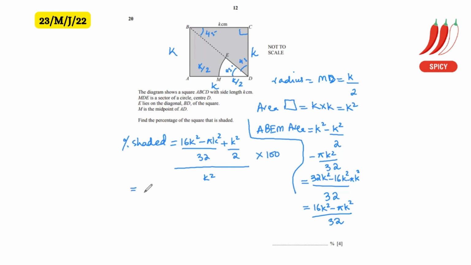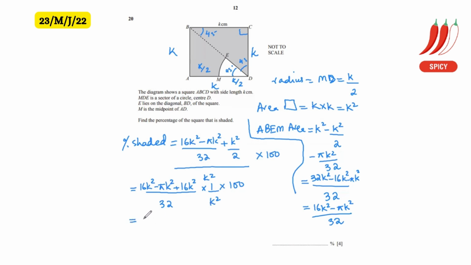So that's basically 32, 16k squared minus pi k squared plus 16k squared, times 1 over k squared, times 100. I rewrote the divided by k squared as 1 over k squared.